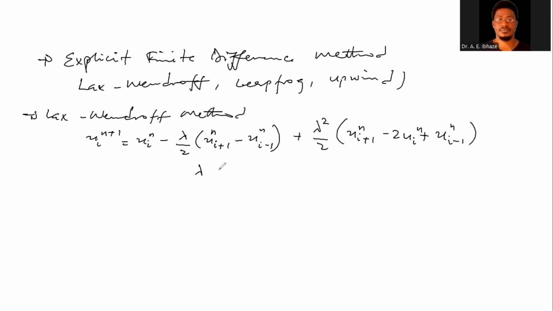So in this case, lambda is the same as c dt over dx.